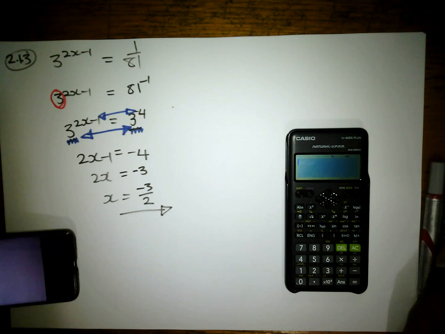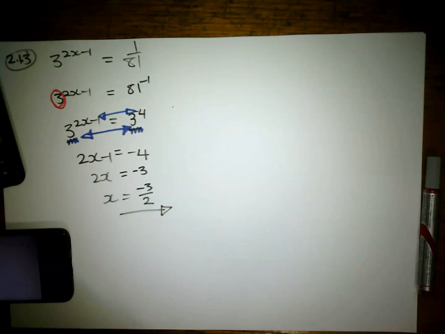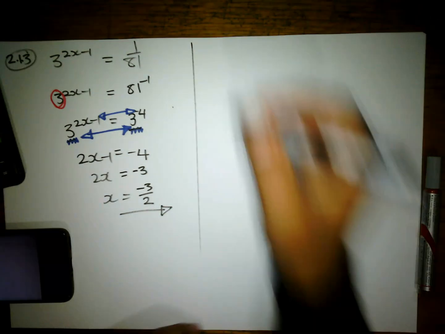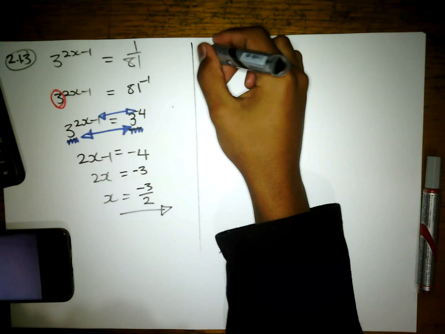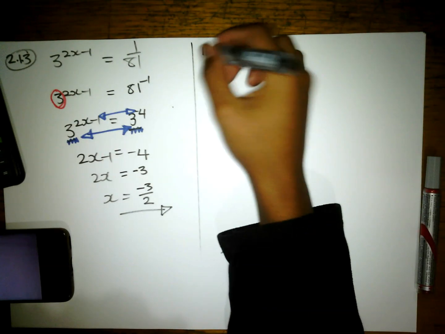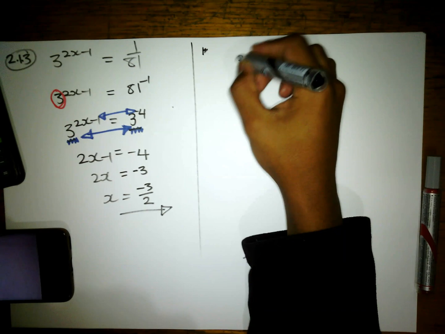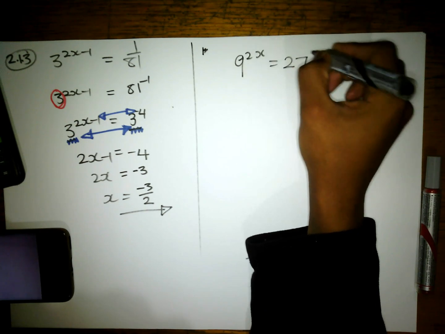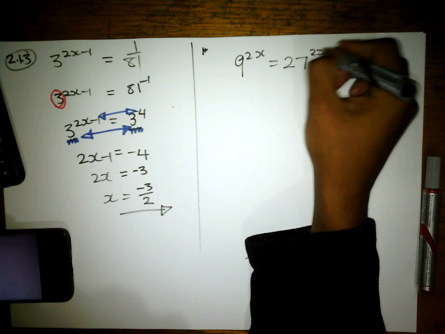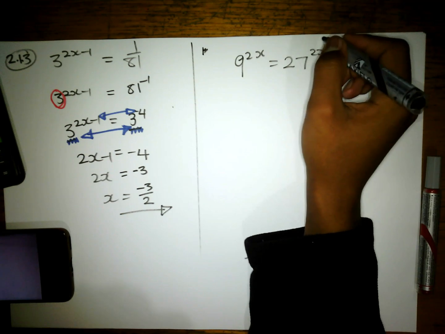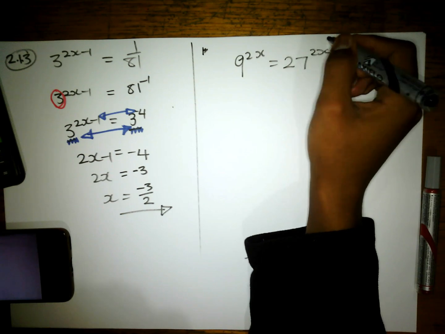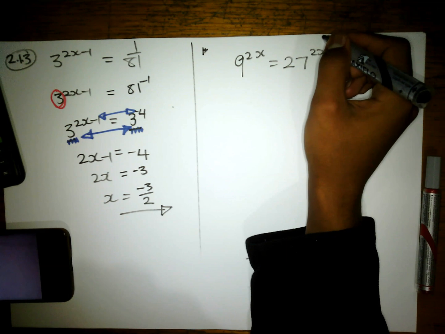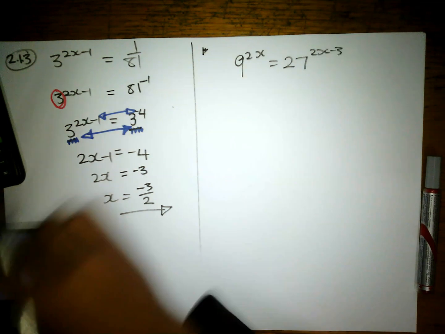Let me do the other one next to it. So 9 to the power 2x equals 27 to the power 2x minus 3. Is it a 3 now?